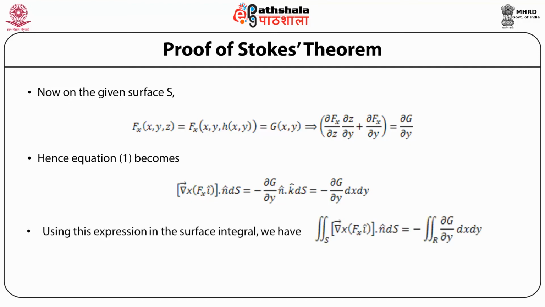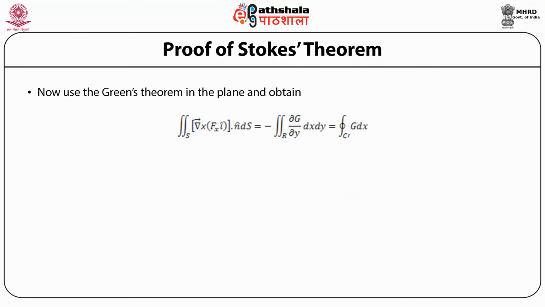Using this expression in the surface integral, we have the surface integral over S of (∇ × f_x i) dot product with n ds equals minus the surface integral over R of ∂g/∂y dx dy.